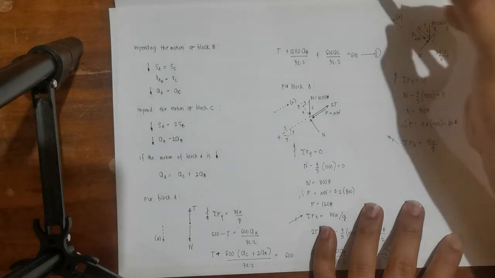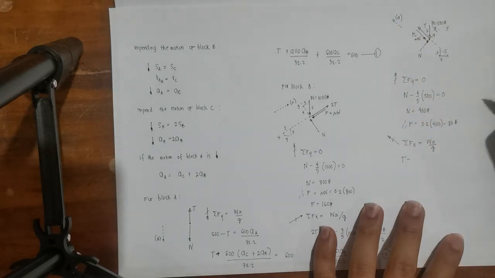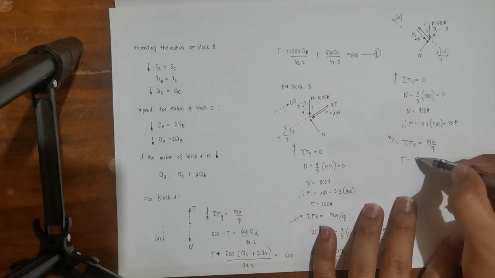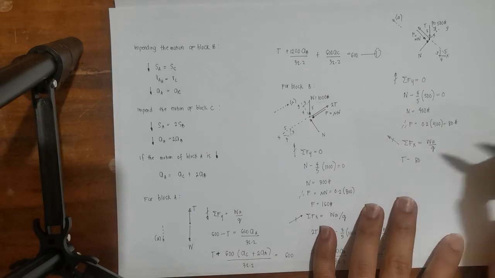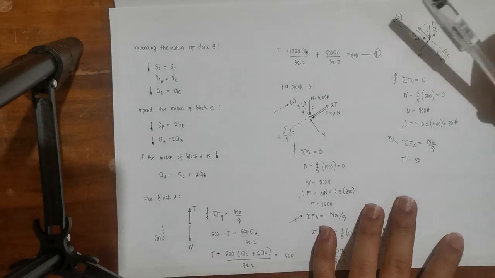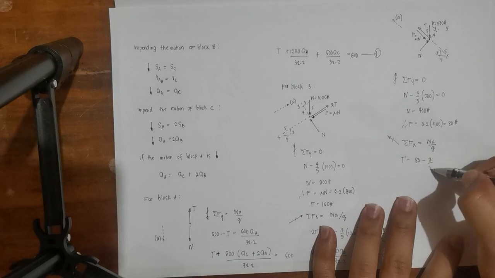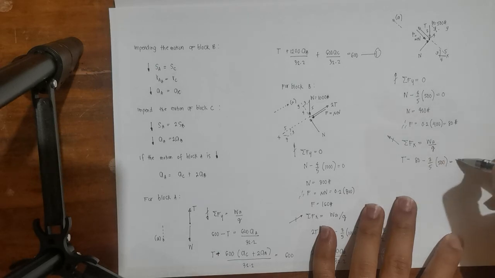So, yung mga positive, tension T. Yung F, minus. Minus F, that is 80 pounds. And then, W, yung X component niya, pababa, minus 3 over 5 of 500, equivalent to W, 500, acceleration of C over 32.2.